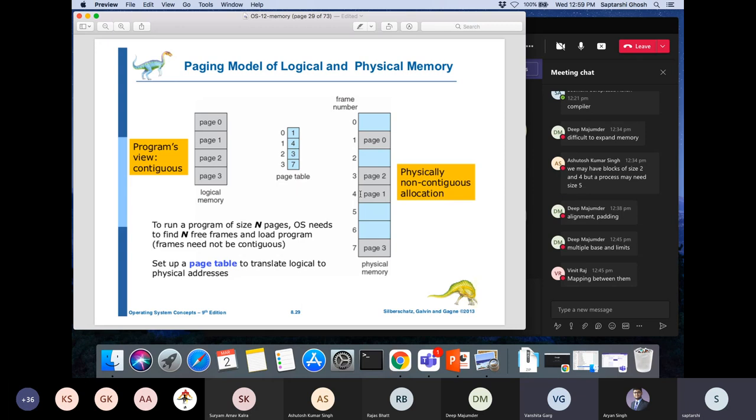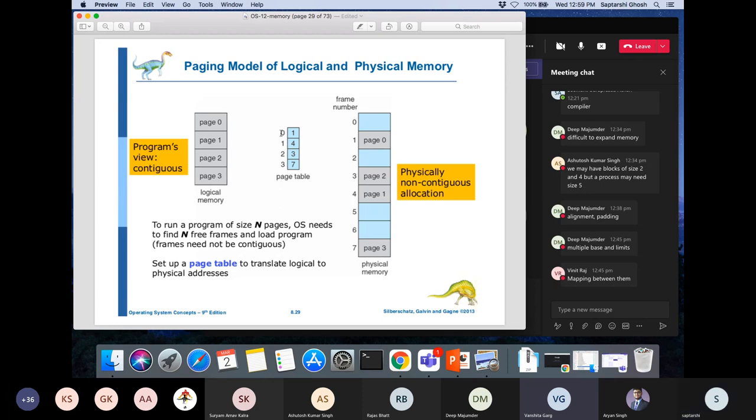Also, I hope it is becoming clear that in this scheme, it is easier to expand the memory of a process. Suppose a process was using these 4 pages and it required another page. The OS just needs to allocate one free frame to this process.